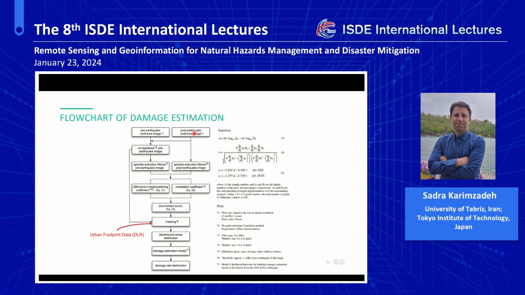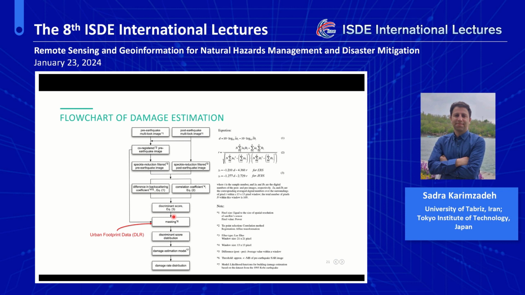Pre-event and post-event earthquake images are multi-looked, co-registered, and speckle noise reduced using a Lee filter with a 21 by 21 pixel window size. And then we have two variables, as I told you: the difference of backscattering coefficient from equation 1 and the correlation coefficient from equation 2.